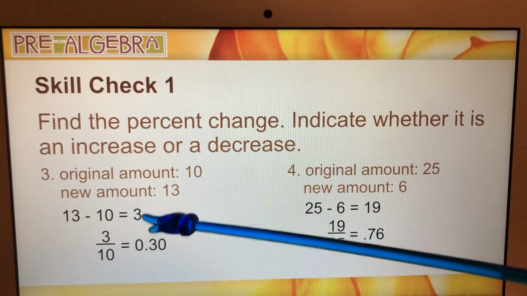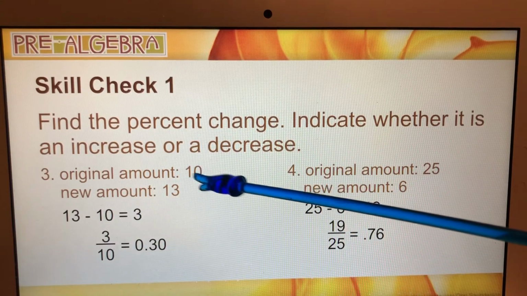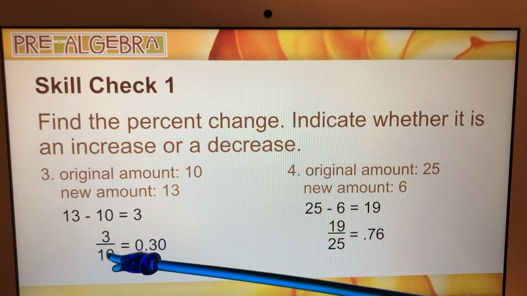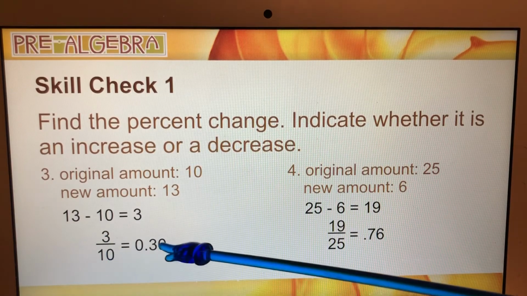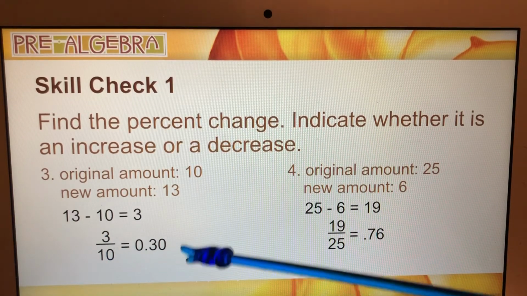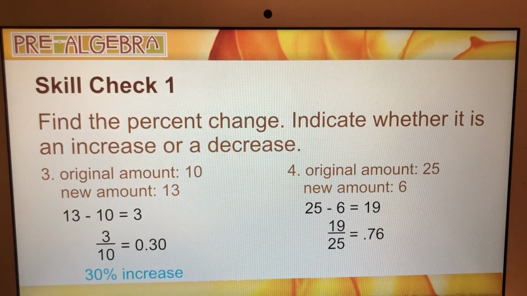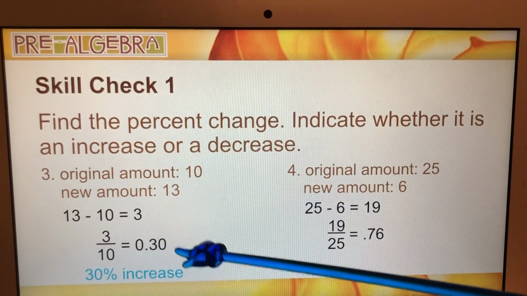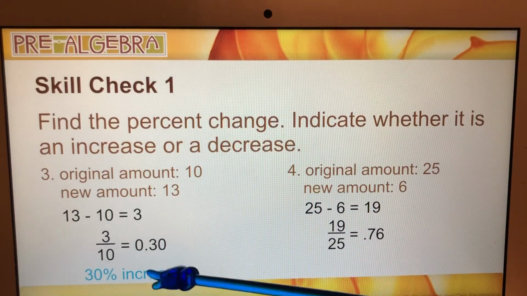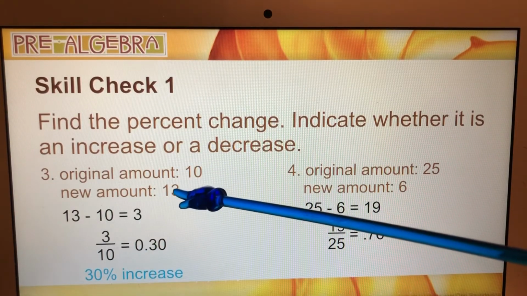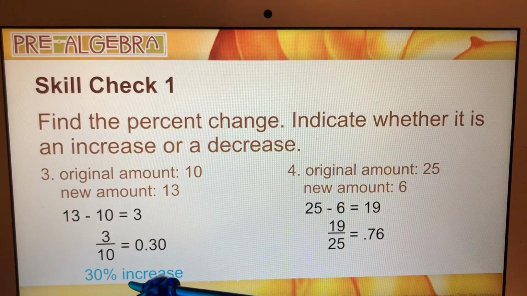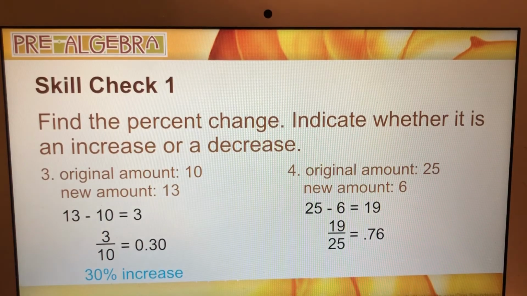Okay, now what's my original number? It is 10. So I'm going to put 3 over 10 for my fraction, and I get 0.30. And look what it does. It tells me this 30 right here is a 30%, and because it went from 10 to 13, then it was a 30% increase.